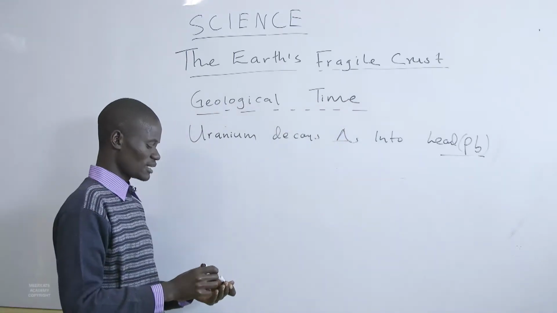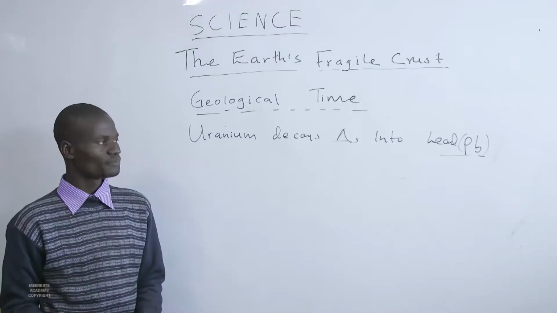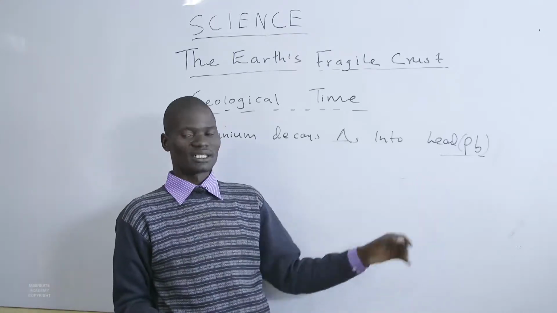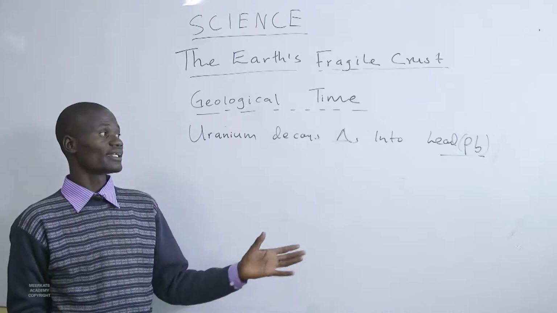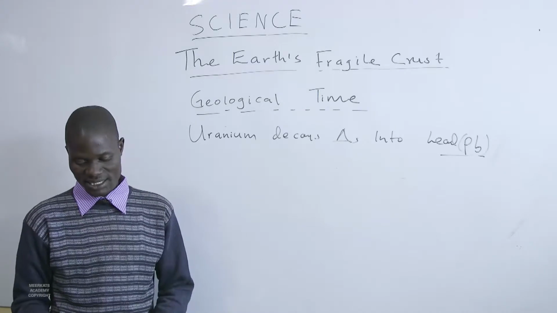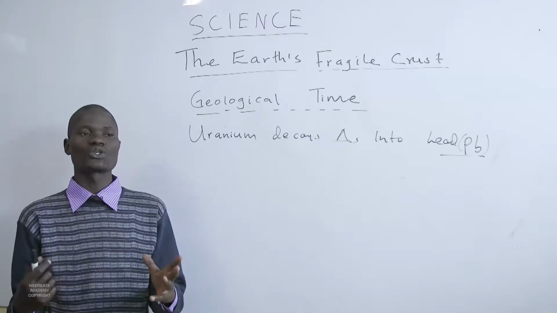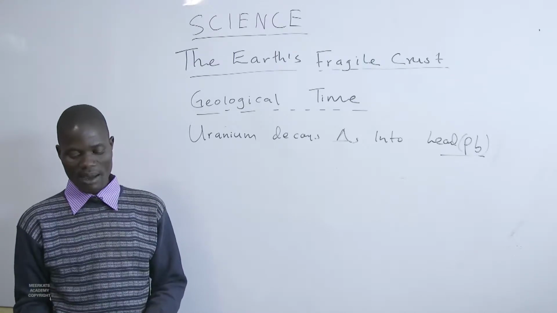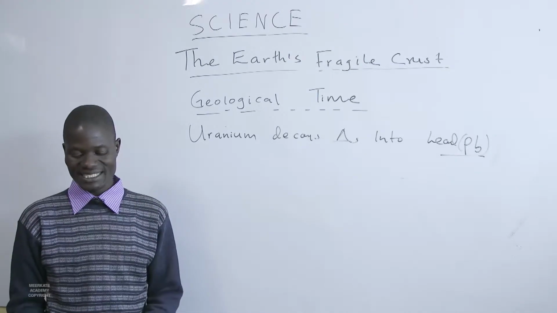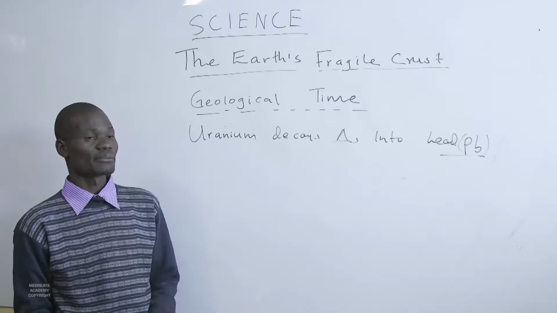Over a period of time, uranium will undergo radioactive decay, and as it does, it changes into a new element such as lead, which is an example of a metal that can be found. By comparing the amount of uranium isotopes and lead in a given rock, the age of that rock can easily be determined.